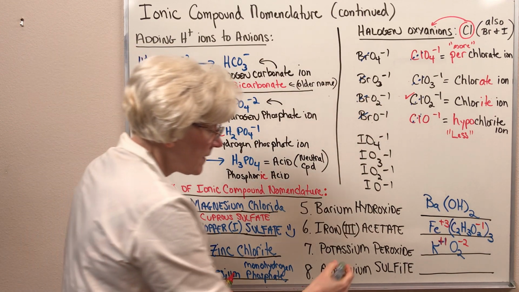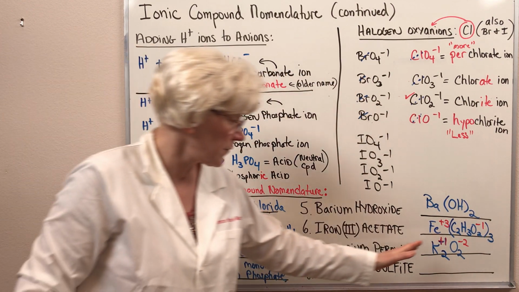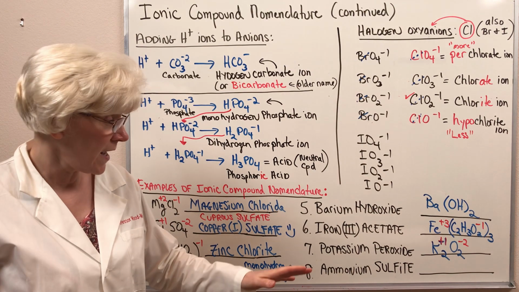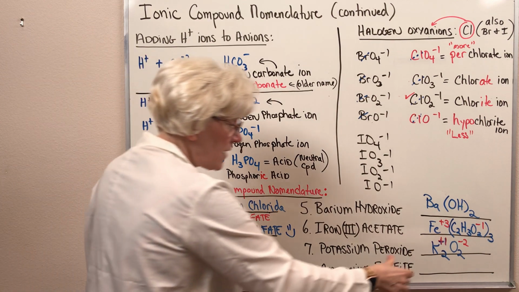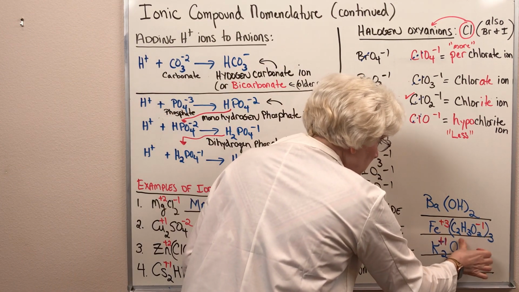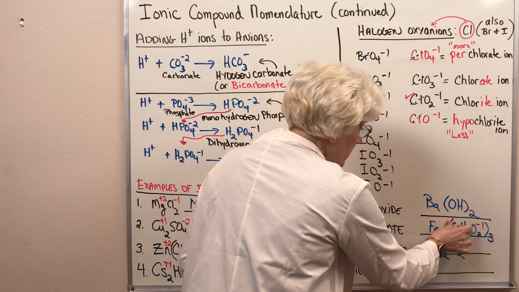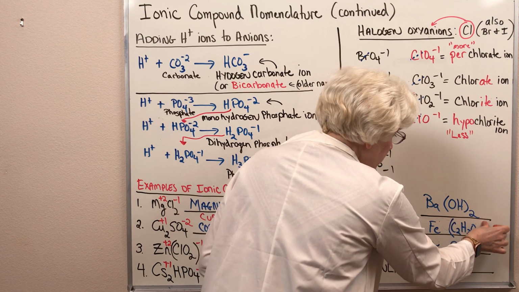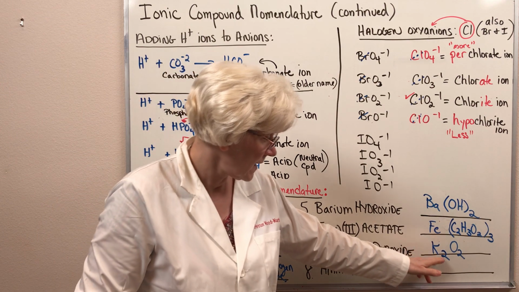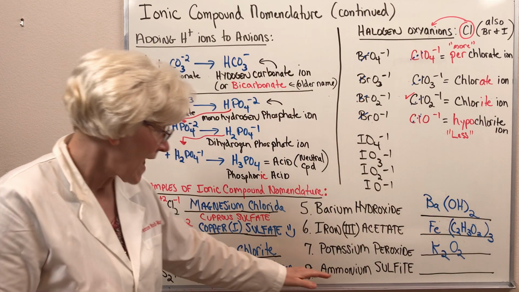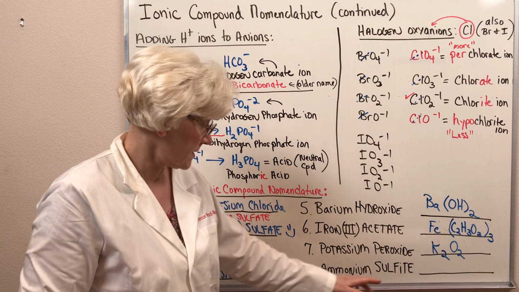So it's clear that we need to use 2 potassium ions for every peroxide ion in order to have a total charge equal to 0. And once we figured that out, we can remove the charges and kind of clean up the name a little bit. And let me go back and do that for the previous example. Makes it look a little cleaner. So potassium peroxide, K2O2.